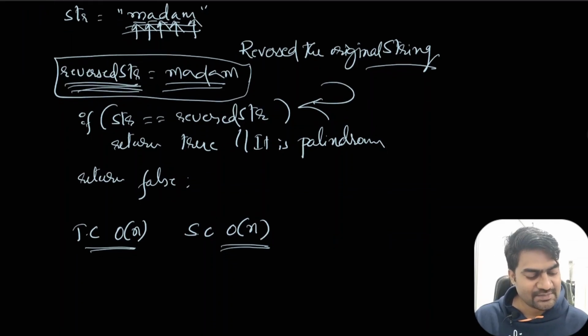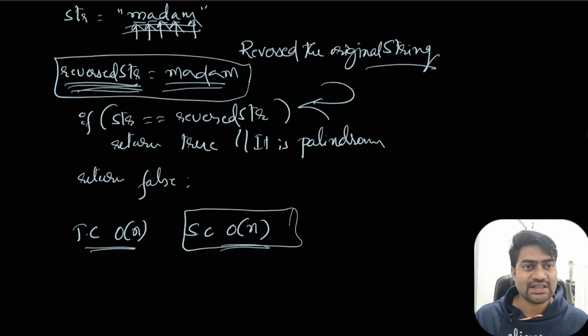In the earlier point, I mentioned that to optimize the space complexity especially, we prefer to use the two-pointer technique. So this is a brute force way to find the palindrome. Let us try to see the optimal way using the two-pointer technique.